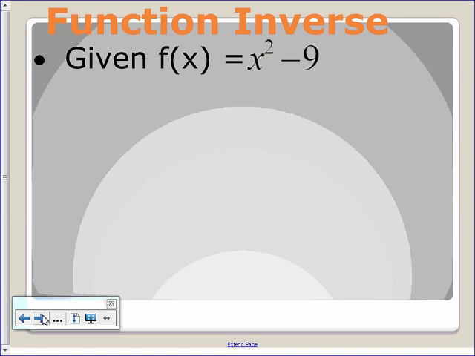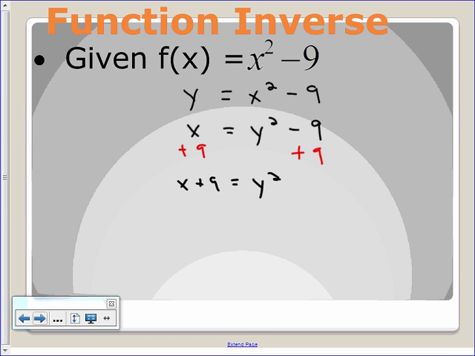We got a square here. Is that going to change anything? Well, it doesn't change step 1. Doesn't change step 2. So now we're going to solve for y. We want to add 9. Now, remember, opposite of squared is square root. So we're going to take the square root of both sides.